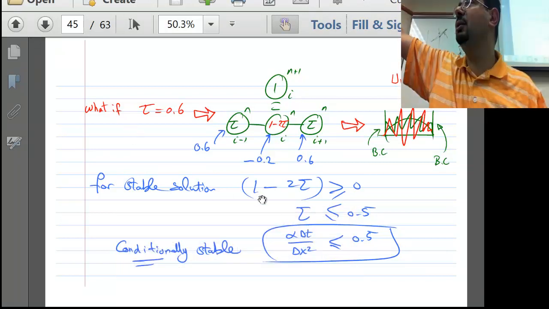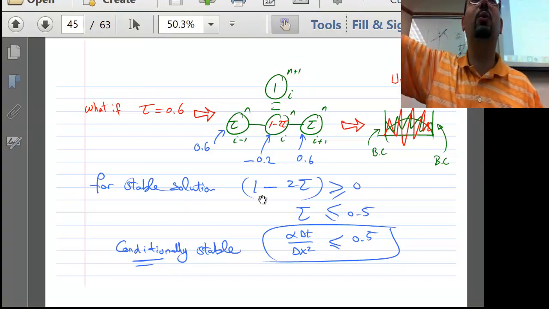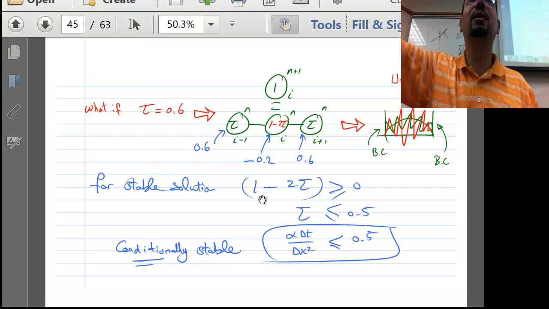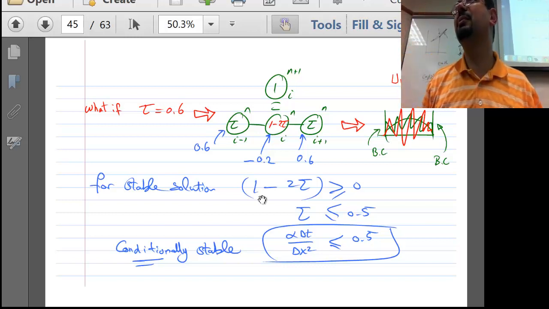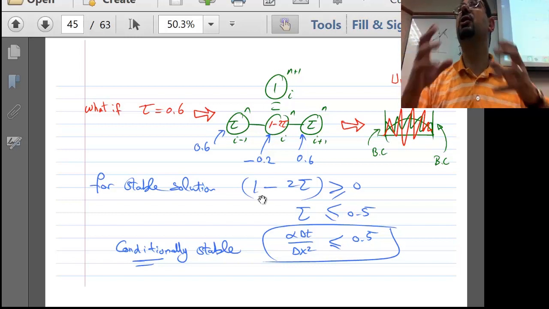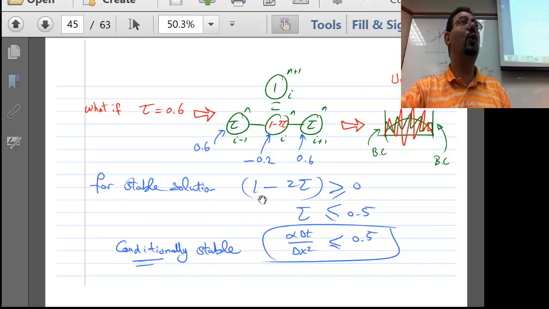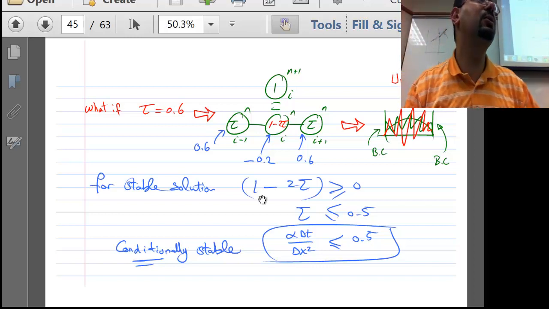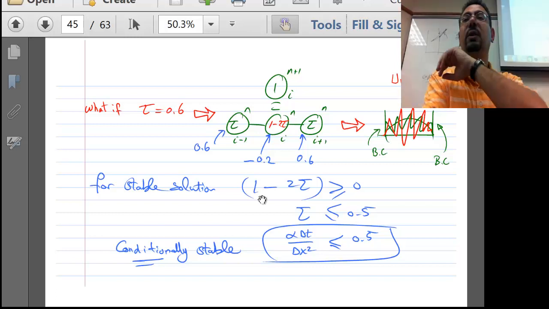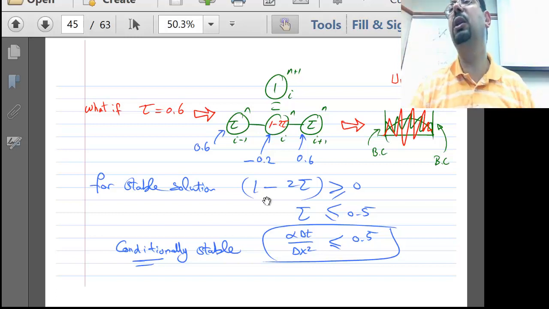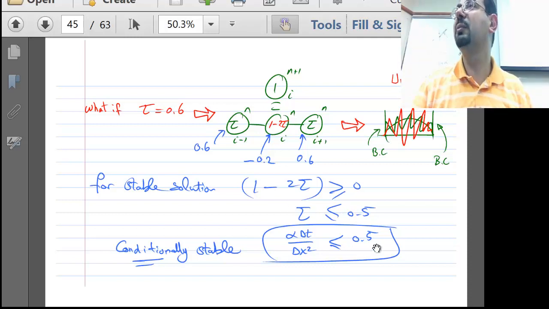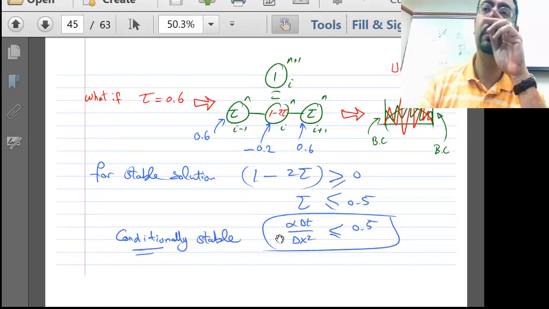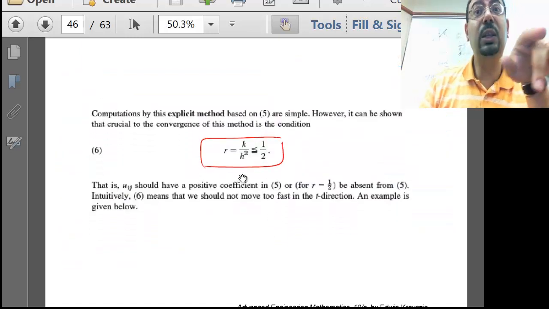Because uxx will make 1 minus 2 and 1, and the uyy will make 1 minus 2 and 1. So you'll end up with basically 1 minus 4 tau. Then the stability criteria becomes 1 minus 4 tau needs to be bigger than 0, which makes tau even smaller. So tau now will not only need to be smaller than 0.5, it needs to be smaller than 0.25. Good. So that's what he says here.